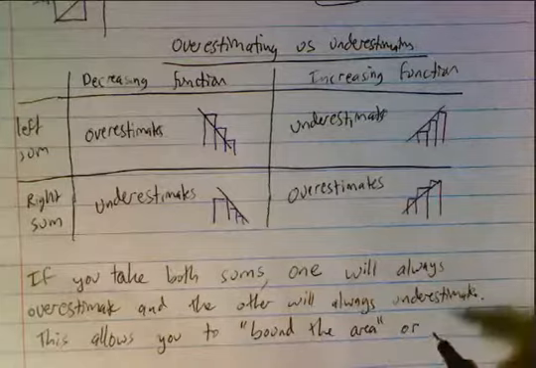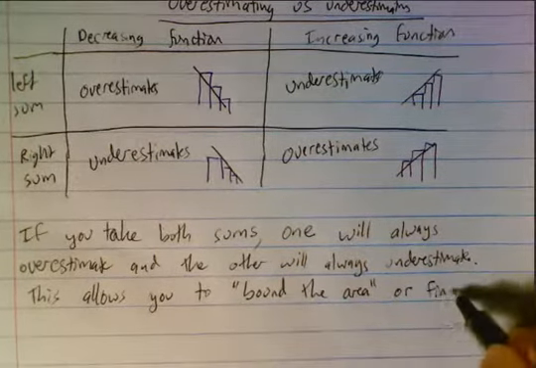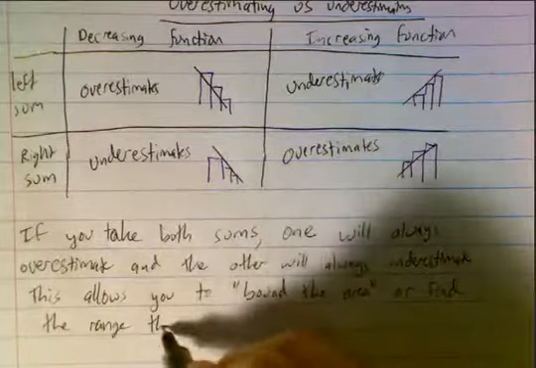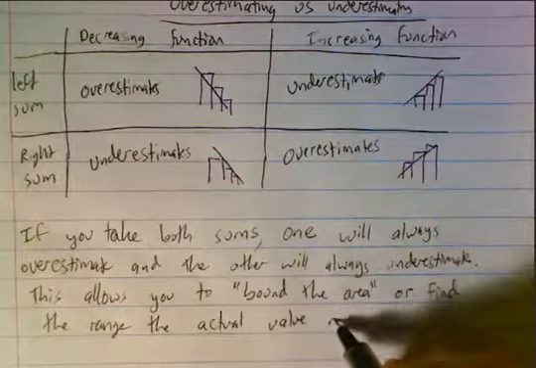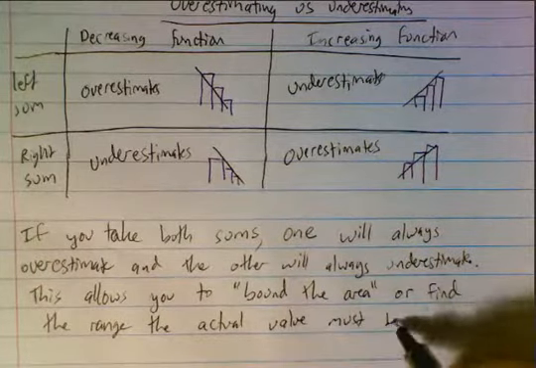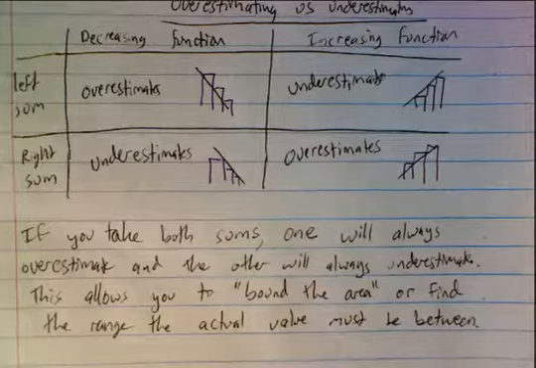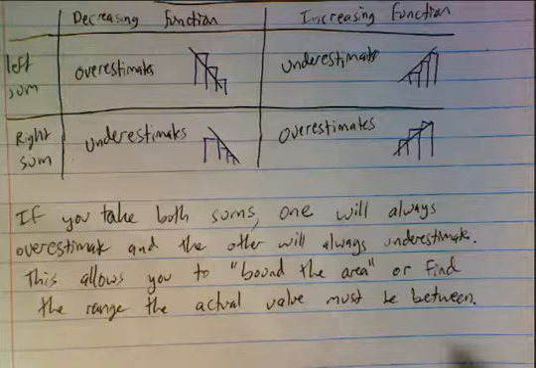Or in other words, find the range that the actual value must be between. So this is really nice because even if we only are able to approximate the value, we can at least say that it's got to be between this value and this other value, which is very useful.